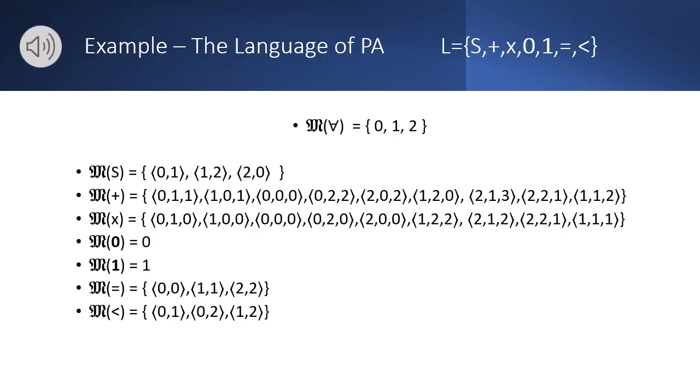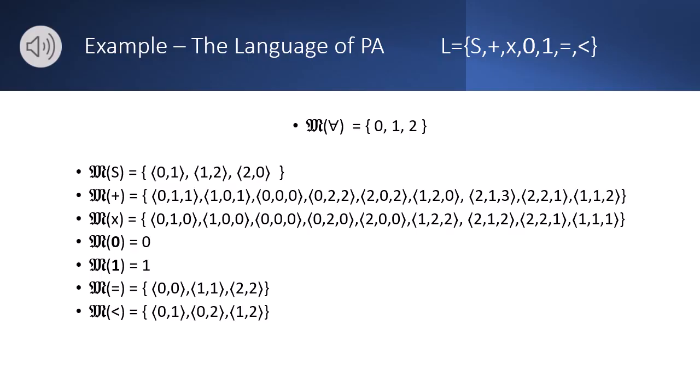Let's now give an example of a first order structure that uses the language of Peano arithmetic, or just arithmetic. Here there are three function symbols. There's the symbol S, which is a one-ary function symbol called the successor function. And then there are two binary function symbols, addition and multiplication.